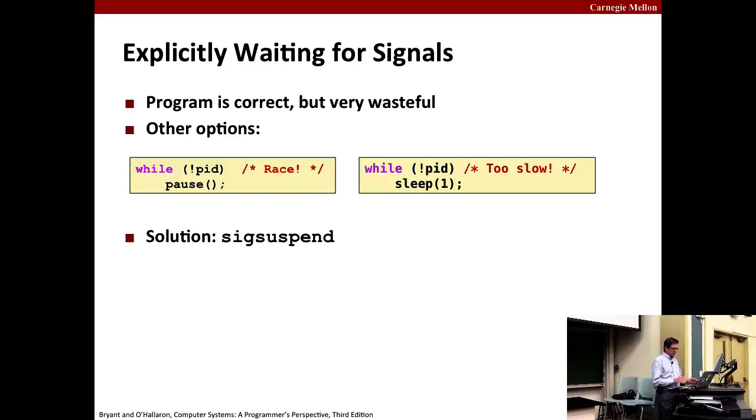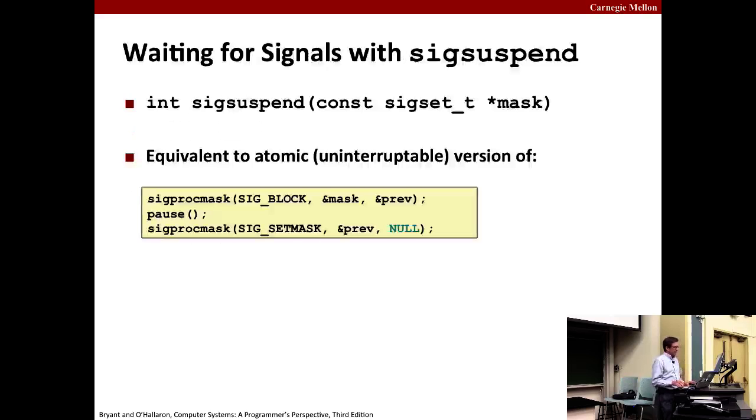So the solution is to use sigsuspend, which is the last thing we're going to look at today. sigsuspend is a function that takes a signal mask, and it's equivalent to an uninterruptible version of these 3 statements. So we block the signals that are specified in the signal mask, and then it's atomic in the sense that these 2 statements can't be interrupted.